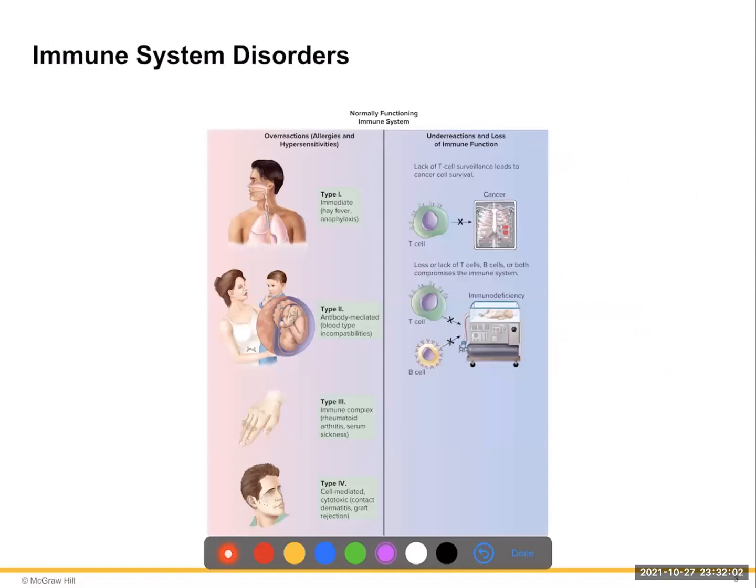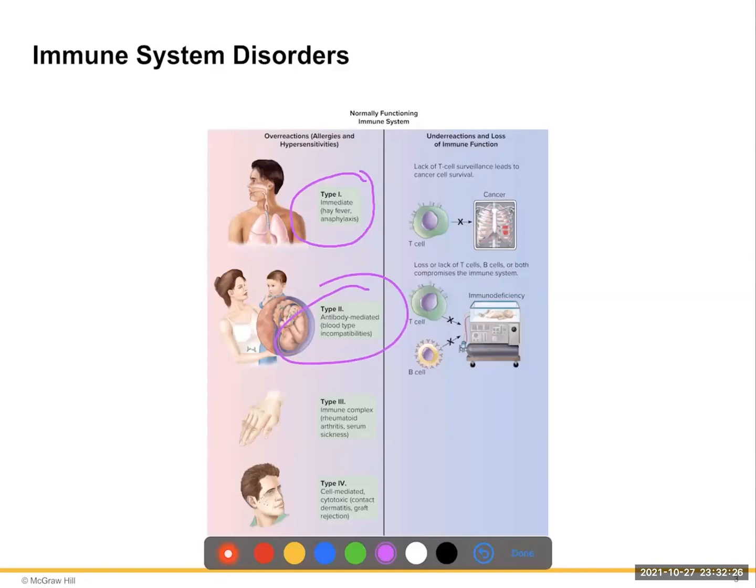You have type 1, which is an immediate response, hay fever, anaphylaxis, just an immediate response to an allergen. You have type 2, which is an antibody-mediated response, where you form B cells and T cells, and they respond to the antigen. Blood type incompatibilities, like giving someone a transfusion with the wrong blood type.